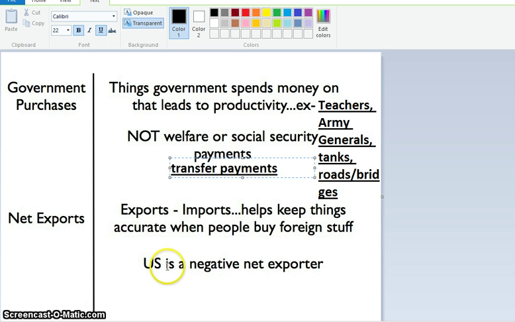Now, we in the U.S. are a negative net exporter, which means that we import more than we export. So earlier I talked about when we bring that shirt in from China, it helps to lower our GDP. Well, here's why. Because it's an import, and we import lots and lots of stuff, more than we export. So our net exports are actually negative.